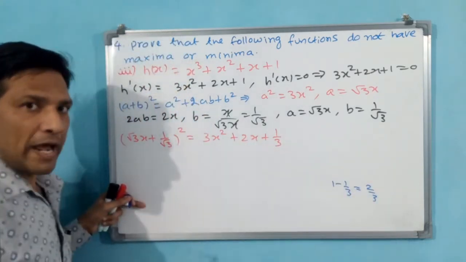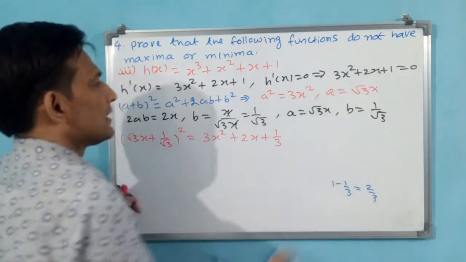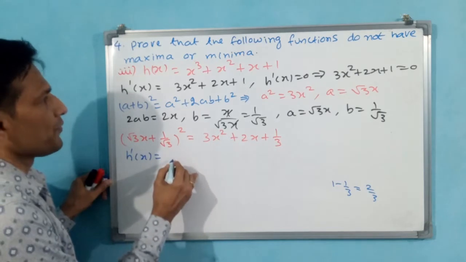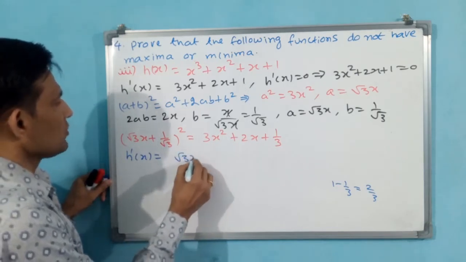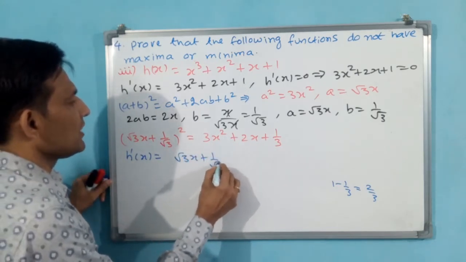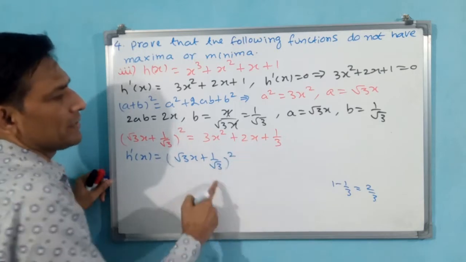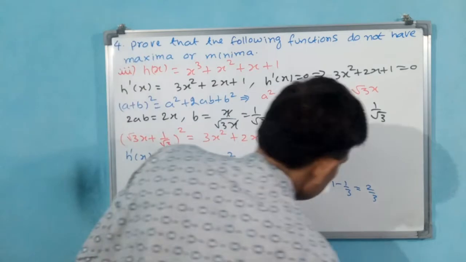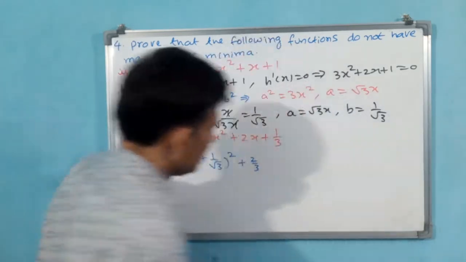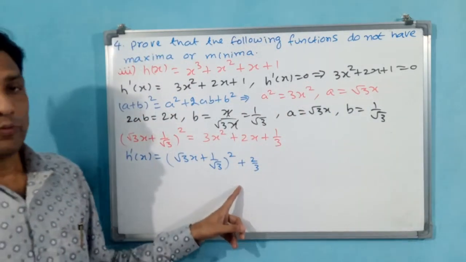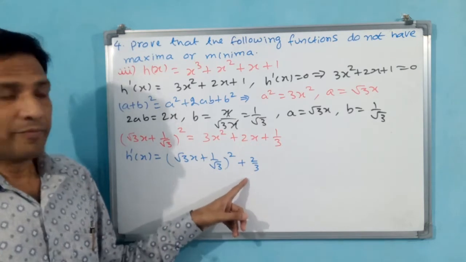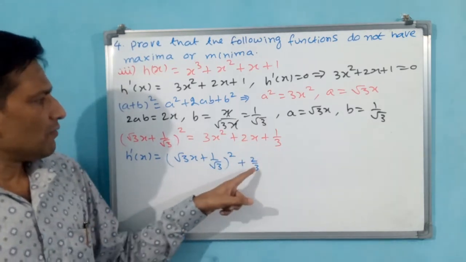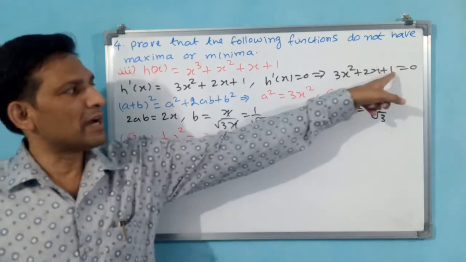Then write down: h dash x is equal to root 3 x plus 1 by root 3 whole square plus 2 by 3. Is it okay? If you add plus 2 by 3, then 1 by 3 plus 2 by 3 becomes 1 again.